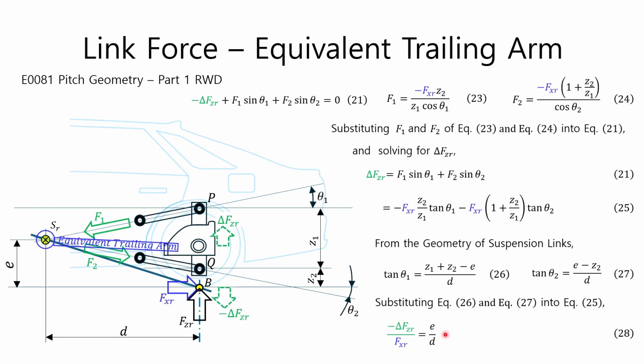From equation 28, it is shown that the ratio of the vertical dynamic load, delta Fzr, to the braking force, Fxr, is equal to the ratio of the vertical component, E, to the horizontal component, D, of the straight line connecting the rear tire contact center, B, and the virtual reaction point of the rear suspension, SR. Since the braking force, Fxr, is negative in equation 28, the ground reaction force, minus delta Fzr, generated through the link is negative, and it reduces the rear wheel ground reaction force.